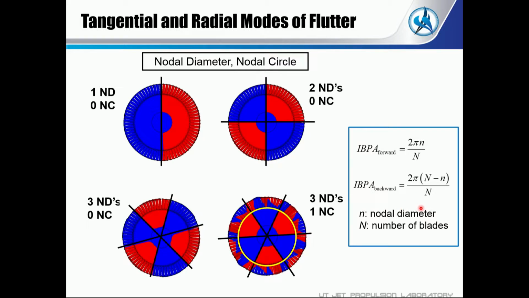IBPA focuses on the blade only, but nowadays the disk itself is also included in the vibration system. So nodal diameter is more practical nowadays for realistic vibration.